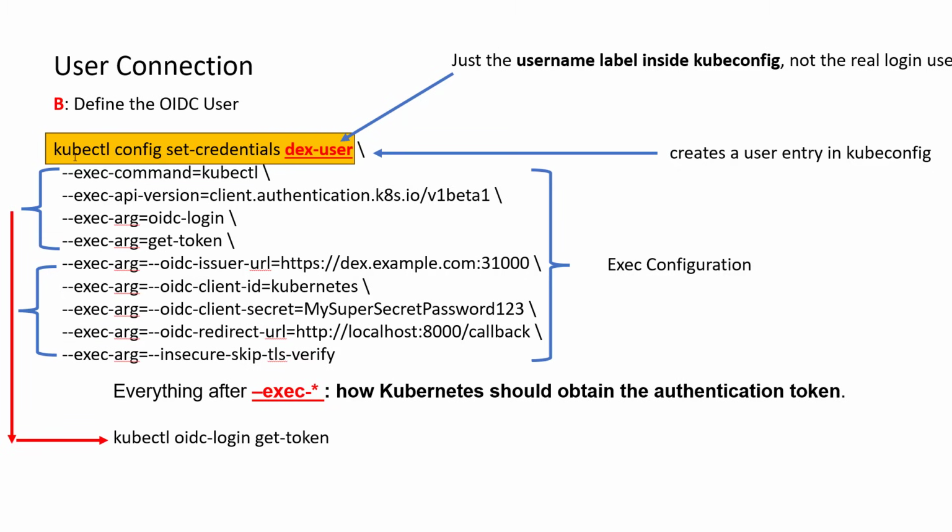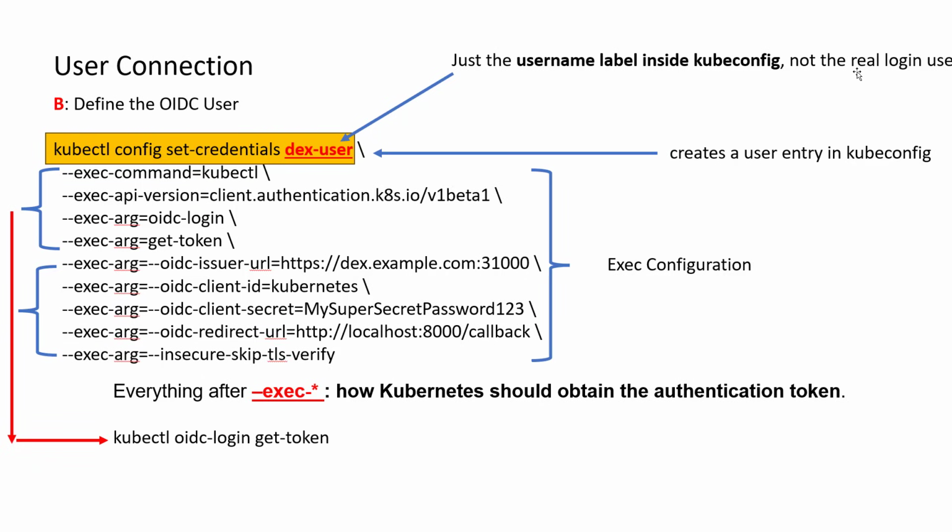At first, we have kubectl config set-credentials, and after that a name. This one is just a username label inside kubeconfig, not the real login user. Let's imagine there is no LDAP and just one user wants to connect to the Kubernetes cluster, so we need to manually create a token and add it in kubeconfig, and also the real username.